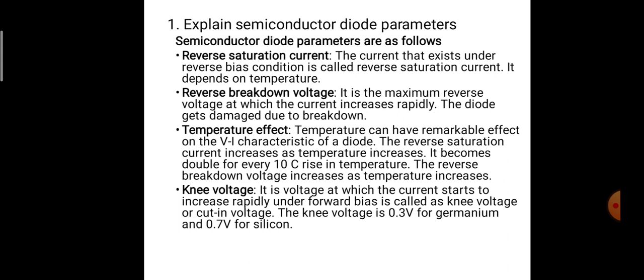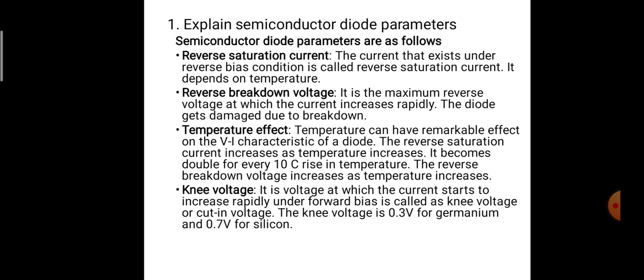Temperature effect. Temperature can have a remarkable effect on the VI characteristics of a diode. The reverse saturation current increases as temperature increases. It becomes double for every 10 degree centigrade rise in temperature. The reverse breakdown voltage increases as temperature increases.